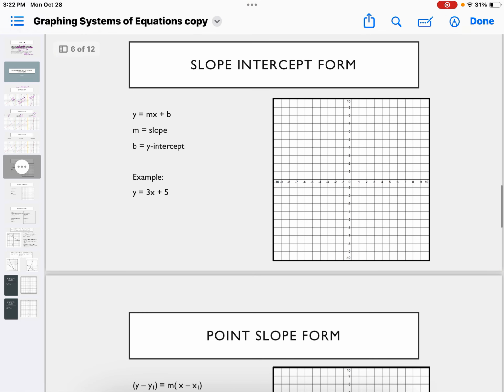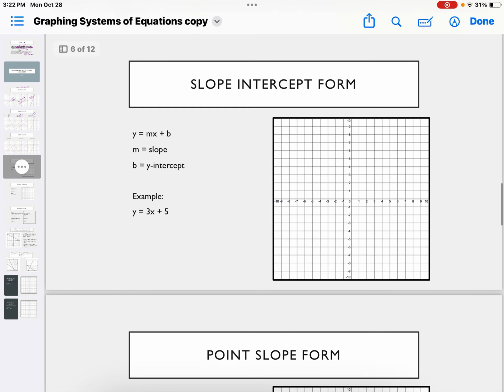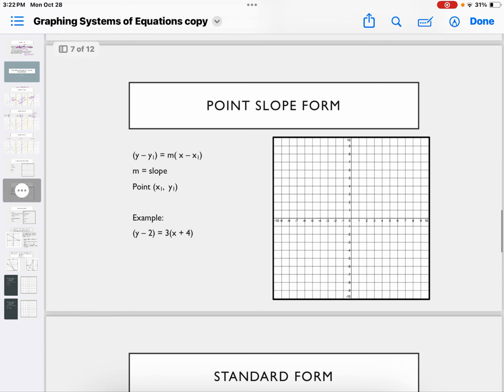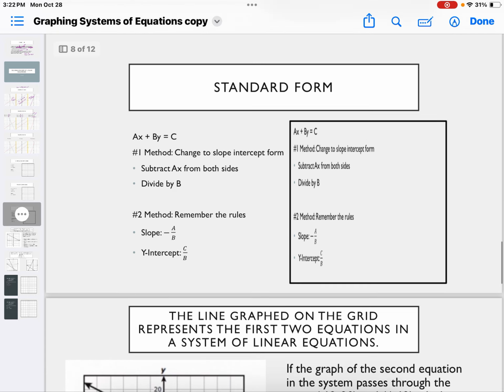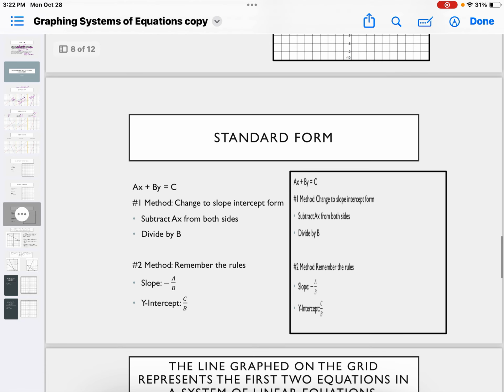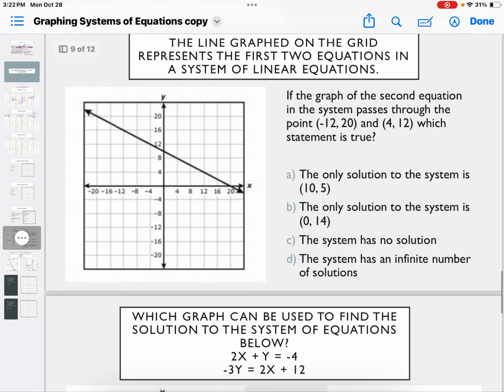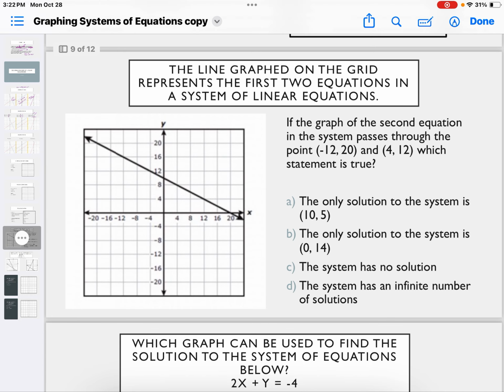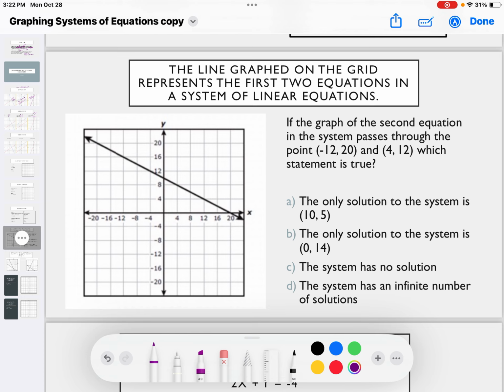All right. So we're not going to graph these because we did this last class, so you know how to graph them. Okay, but those notes are available for you. So let's do some practice problems. All right. The line graphed on the grid represents the first of two equations.